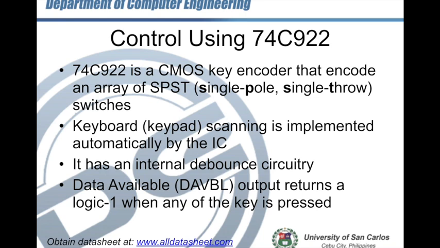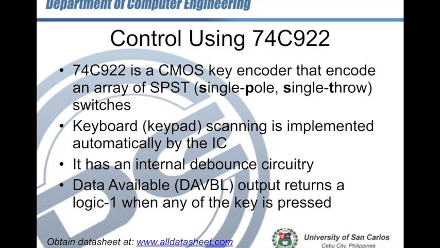So instead, why not just let somebody else do that? All the microcontroller would do is read the address of the key that is being pressed. And that's it. So the microcontroller does not have to do the column scanning, reading the row data, and looking up the lookup table to identify which key is being pressed.